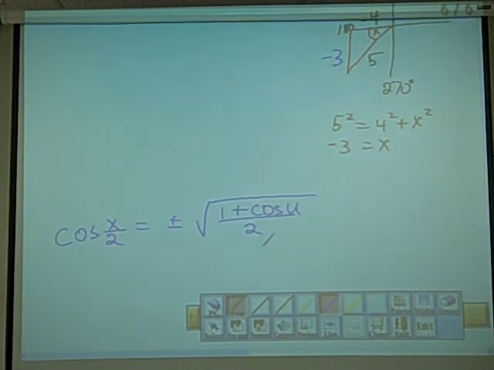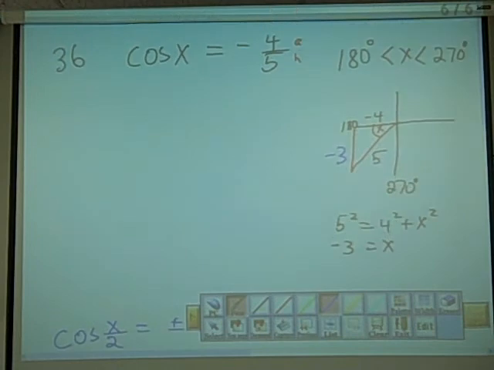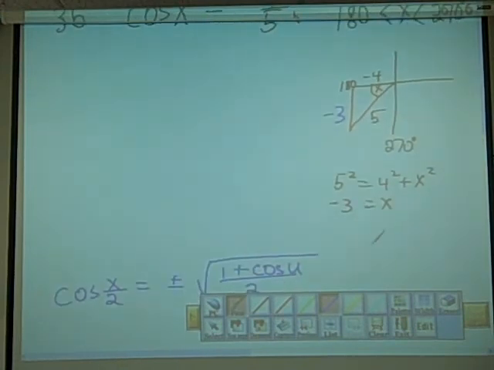Alright, so what we have to do here is take this 180 degrees is less than x, and x is less than 270. And since we're working with x over 2, we have to make this 180 over 2 here and here.